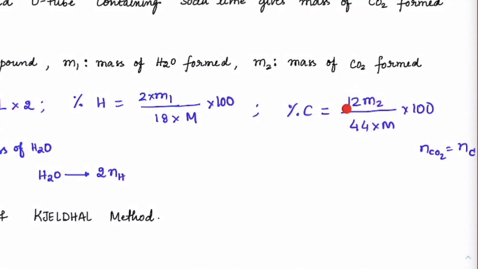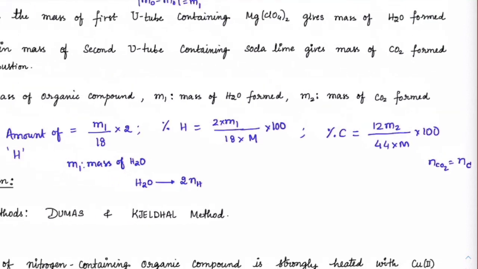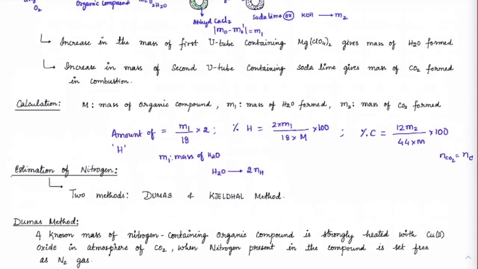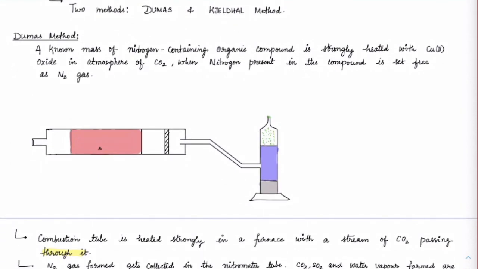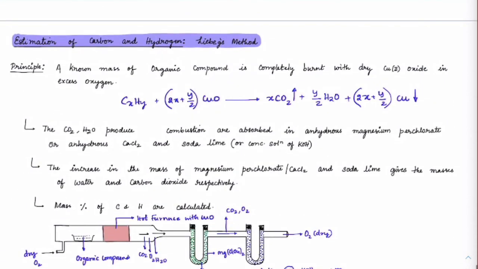Number of moles multiplied by atomic mass of carbon will give the mass of carbon. Mass of carbon divided by mass of organic compound into 100, percentage carbon will come. Is that clear, everyone? So that information would be asked, so you should be able to calculate that. This is called Liebig's method of calculating carbon and hydrogen.